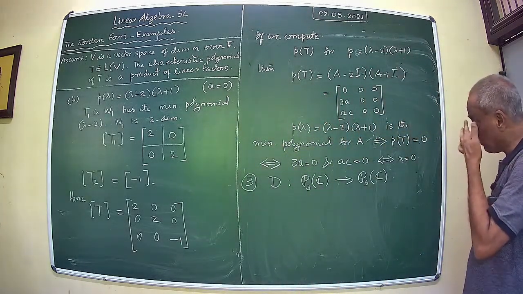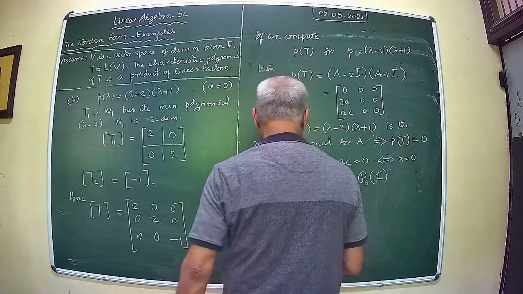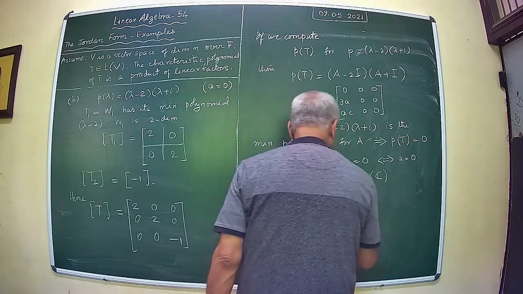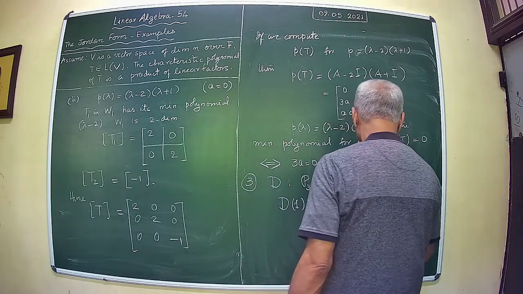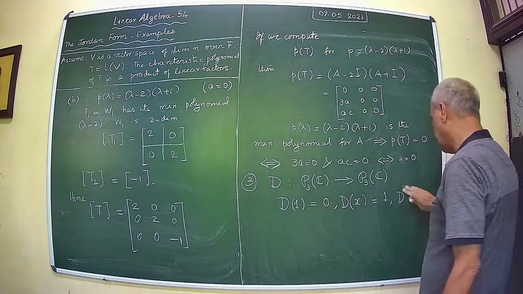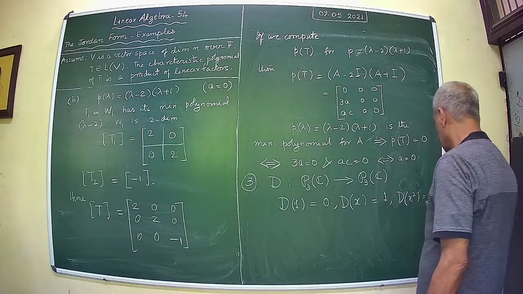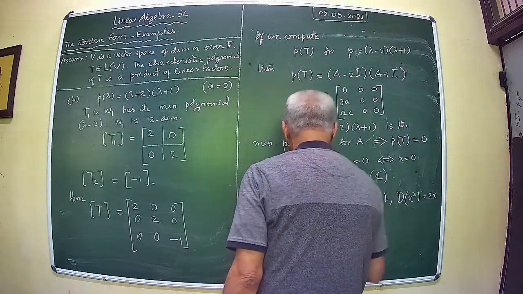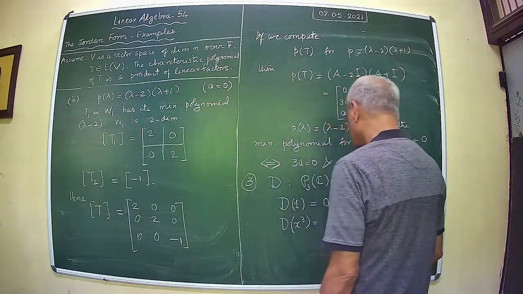Now you know that D is defined by D of 1 equal to 0, D of x, D square, D of equal to.